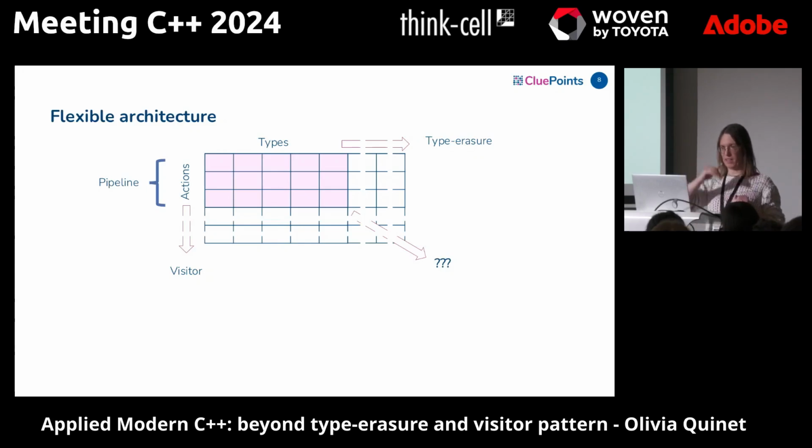And if you want to add more actions, we go for the visitor pattern, and it adds rows, the blue rows. So it's easy too, but it's more difficult in that design pattern to add types. But if you want to go both ways, there is no design pattern to go in that direction. So we need to make some trade-offs, select one or the other.